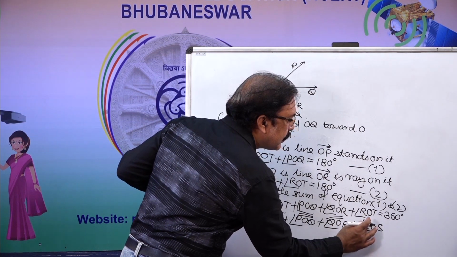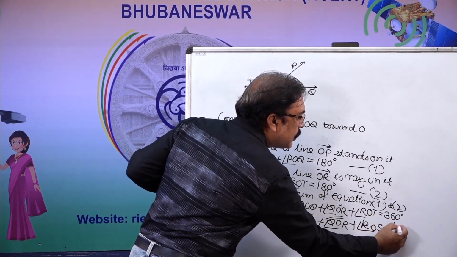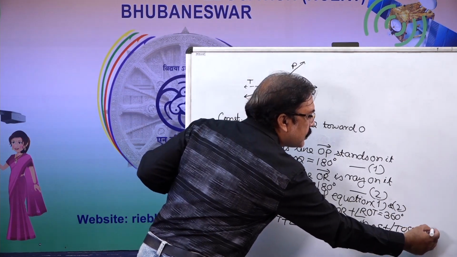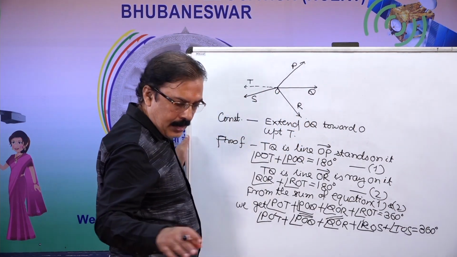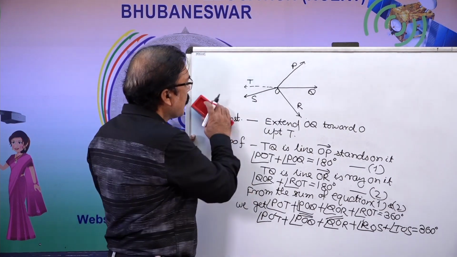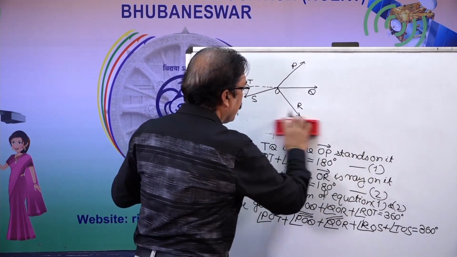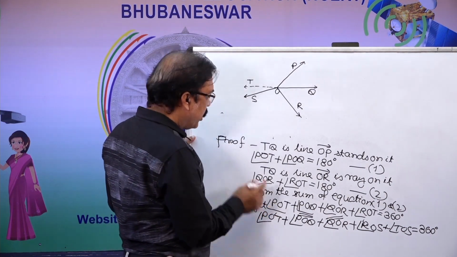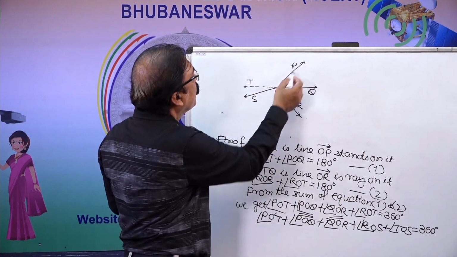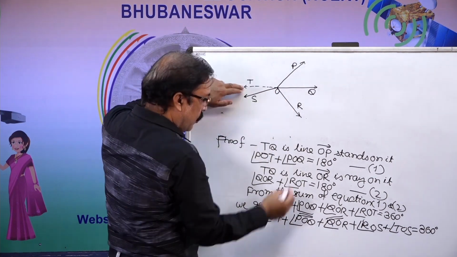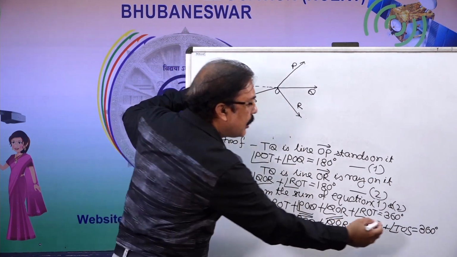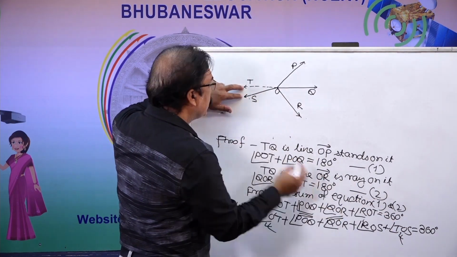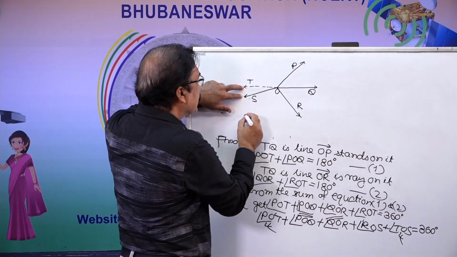ROS plus TOS. This is equal to 360 degrees. Now you see POT, this one, and TOS. These two constitute angle POS.